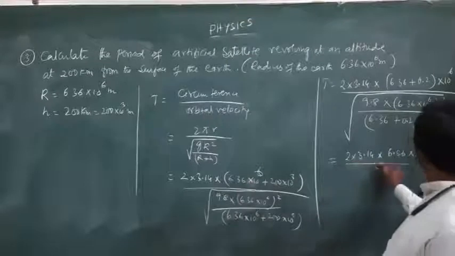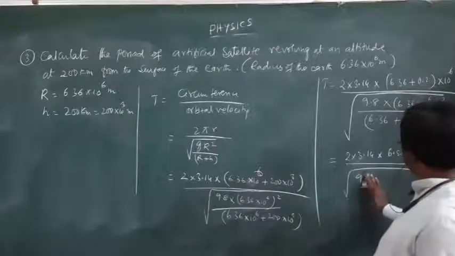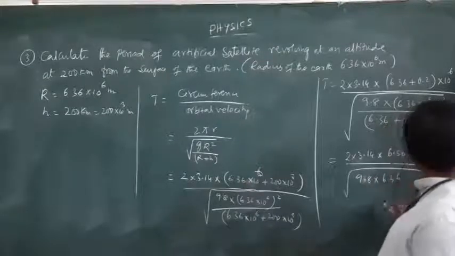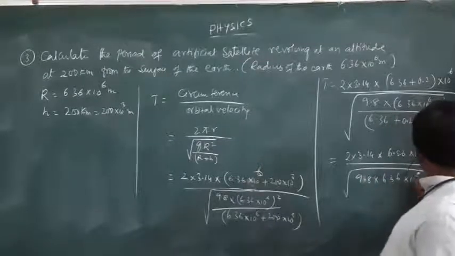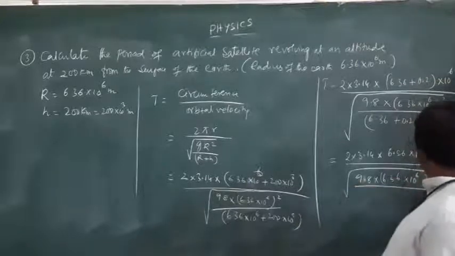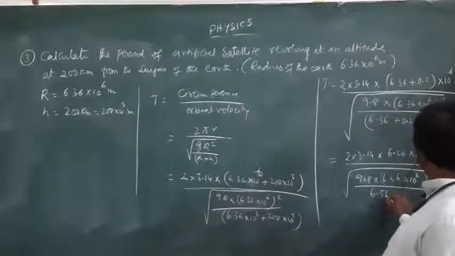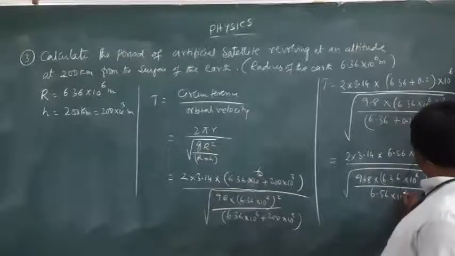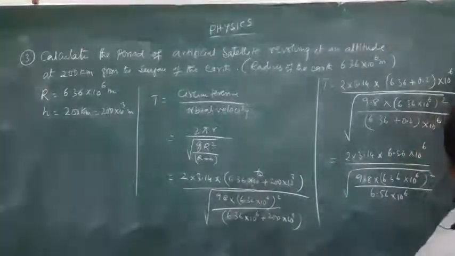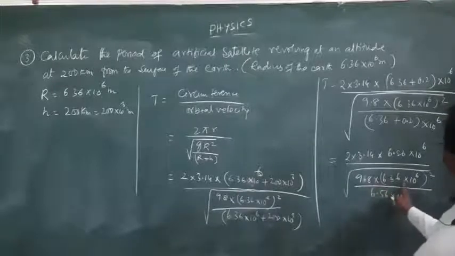Divided by square root of 9.8 into 6.36 into 10 raised to 6 whole square divided by, this becomes 6.56 into 10 raised to 6. You can cancel here by 1 times and you will get only 6.36.